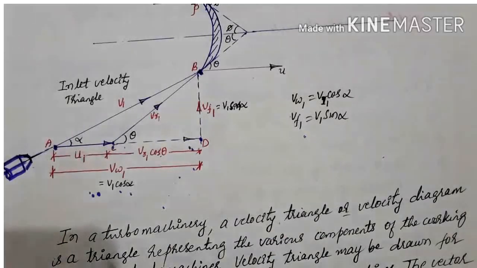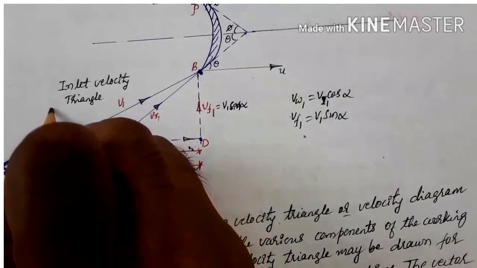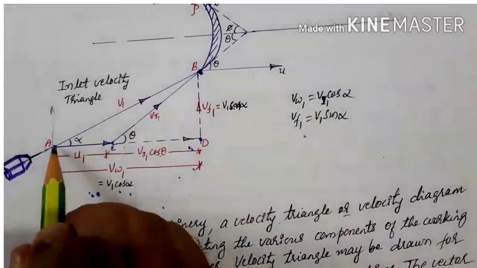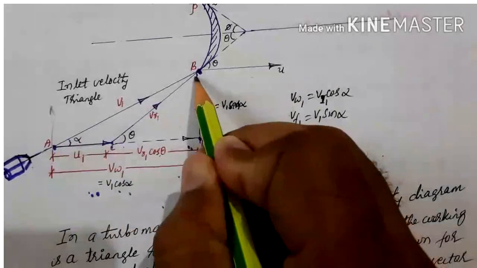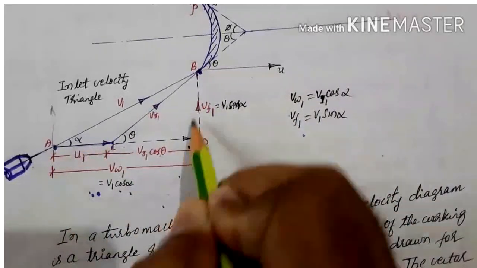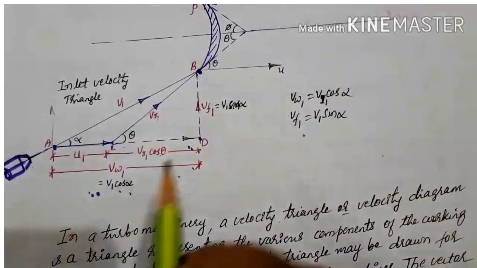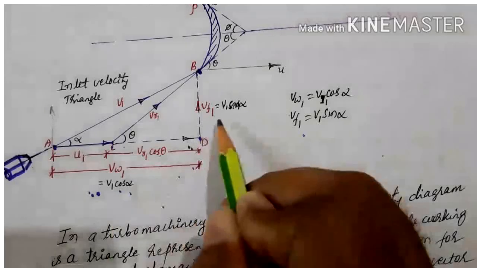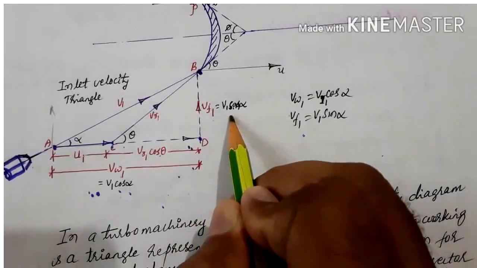If you resolve this V1, you get one component perpendicular and the other horizontal. The same, we just shifted here and drew here, one horizontal and one perpendicular. So we have VW1 as V1 cos alpha, and Vf1 as V1 sin alpha.